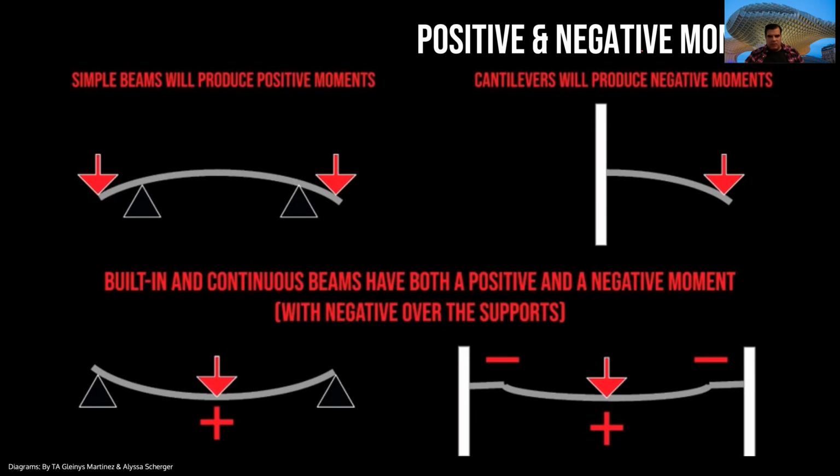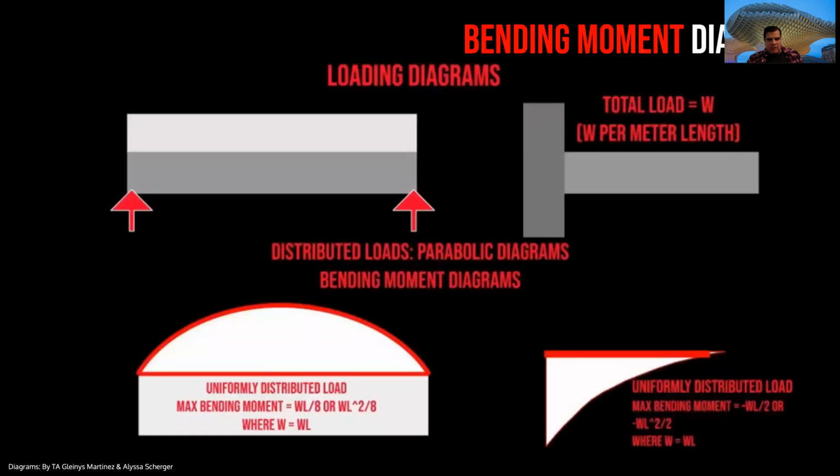Well, one can be positive, one we consider negative, and it doesn't matter what you prefer, but most books say that simple beams will produce positive moments when it's like sagging, and you can have positive and negative moments depending on the type of loads that you have.